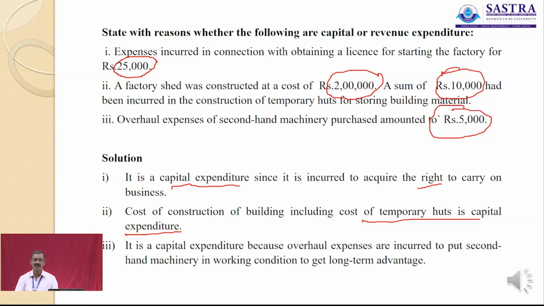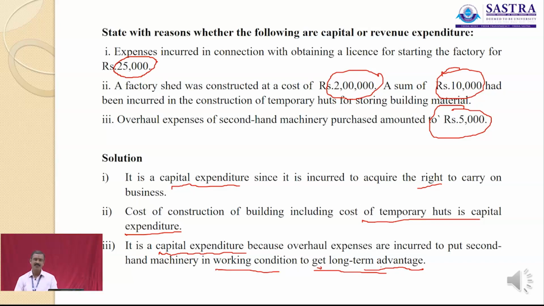So it is to be treated as a capital expenditure, because the overhaul expenses are incurred to put second-hand machinery in working condition to get a long-term advantage. To put it in working condition, any kind of expenses spent on a particular machinery or equipment will always be considered capital expenditure.